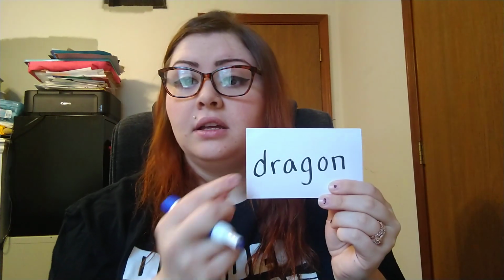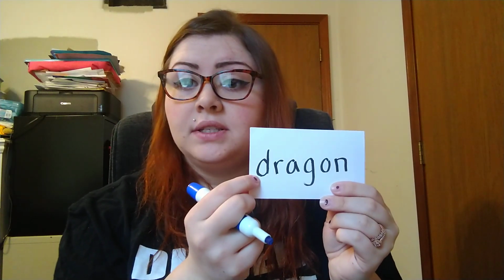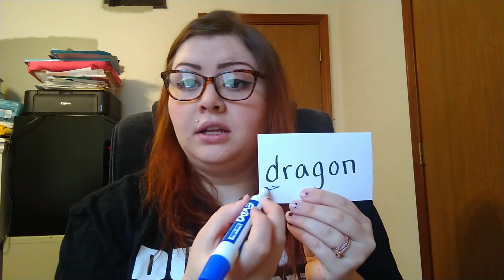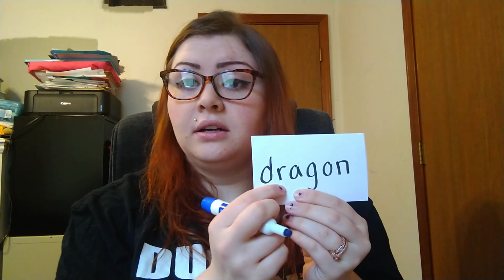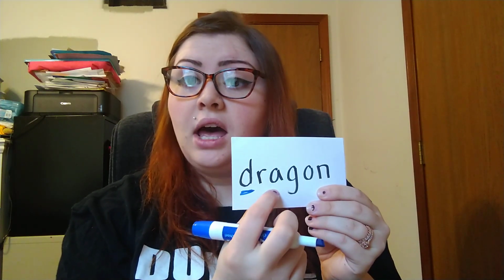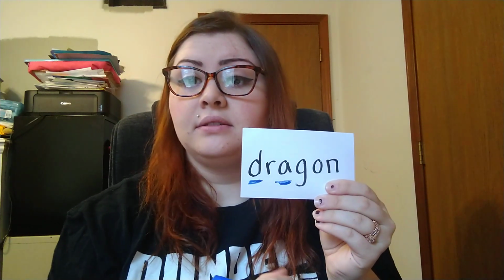Dragon. Now, this D is not the beginning of a name, so it is a lowercase d. We're going to underline it. R-A. This A is not pointy, so it's not an uppercase. It's a lowercase a. Good job.